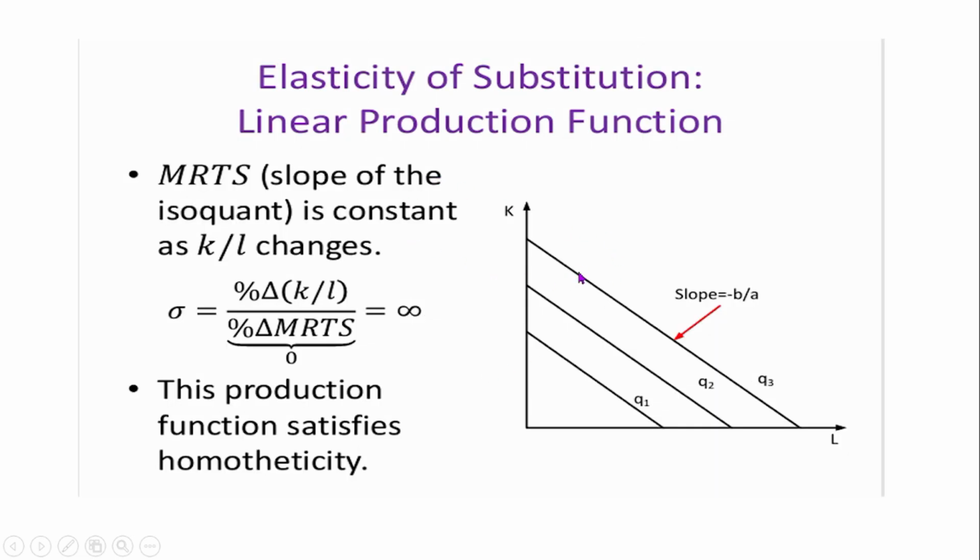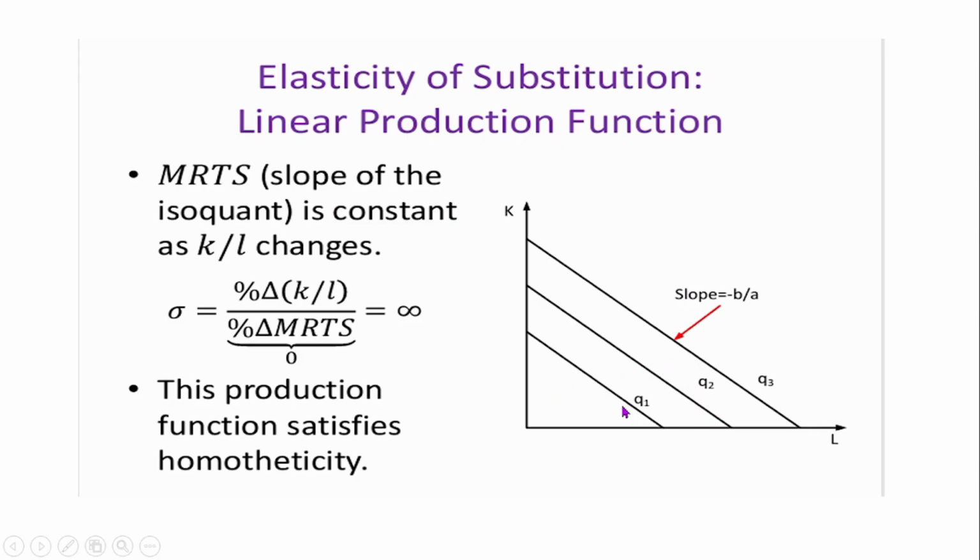If we plot the linear production function graph, these are the isoquants, and these are just straight lines, because this is the linear production function.